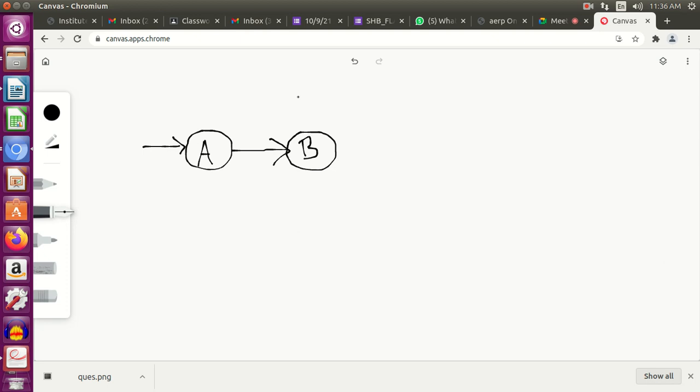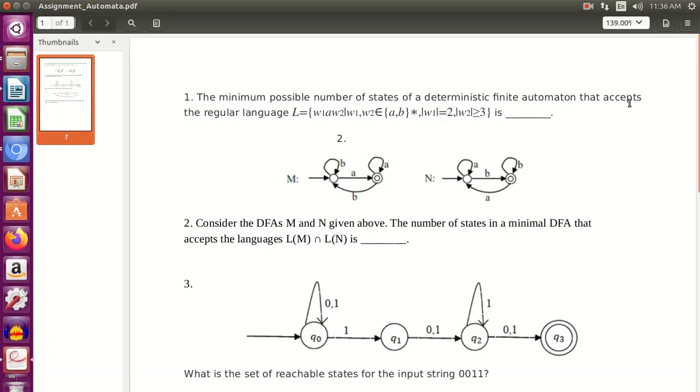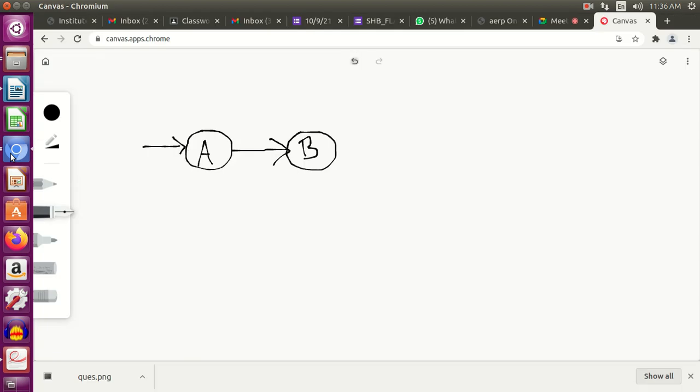In the initial part of the question, it's mentioned that the length of W1 is strictly 2. So for getting a string of length strictly 2, we will require at least 3 states.